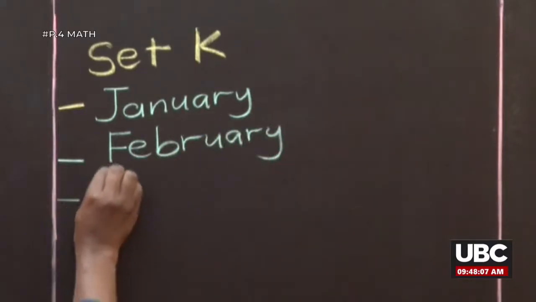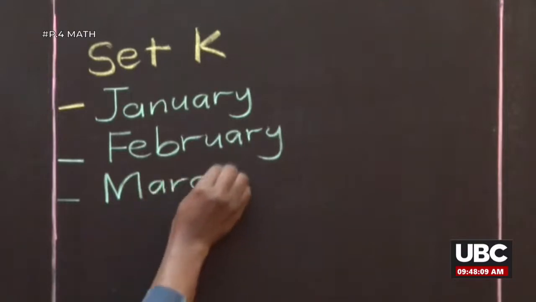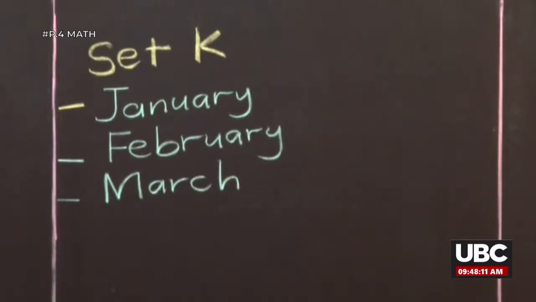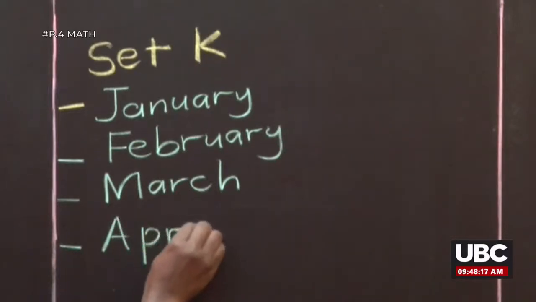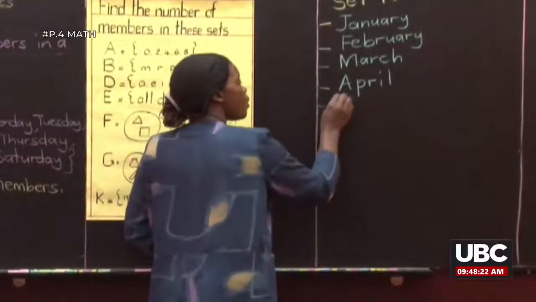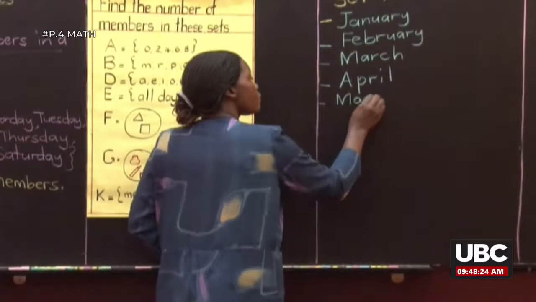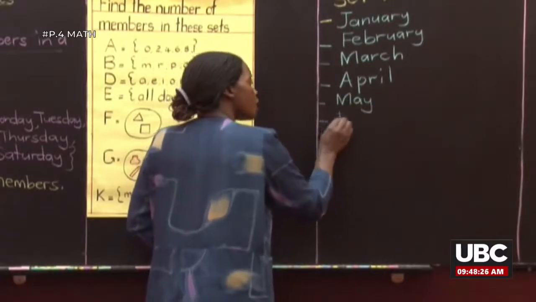The third, March. We have January, February, March. We have April. After April, we have May.